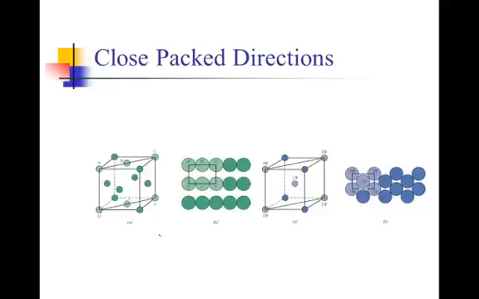This is not a space filling model on the left, but it's the same crystal structure as shown in part B. What part B is, it is a diagonal cross section through this face-centered cube. So the lines I'm drawing there are going to be the same as the red lines that I'm drawing in part B. So that's the cross section we get if we cut through the diagonal of the cube.